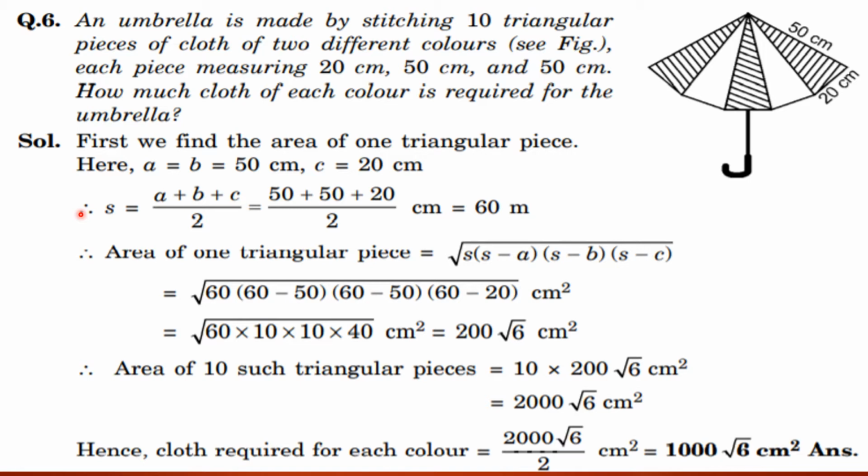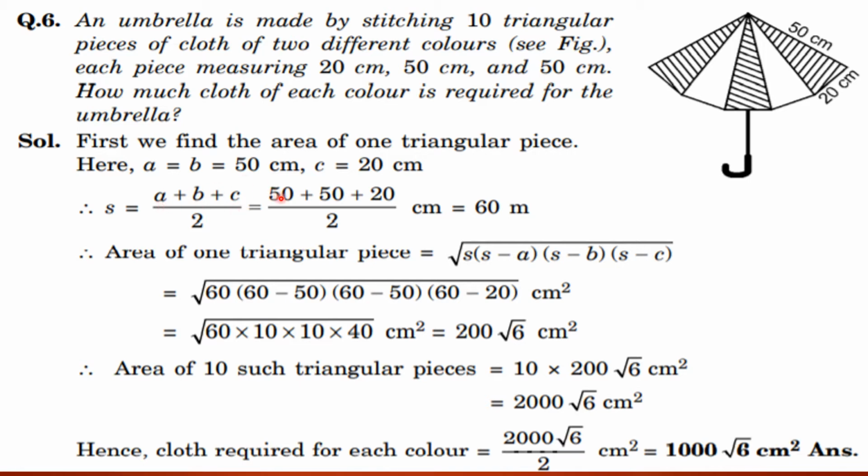So first of all we have to find s. Therefore s is equal to a plus b plus c by 2. Do you remember this formula for semi-perimeter of the triangle? That is equal to, in the numerator, a plus b plus c. What is the value of a? 50.